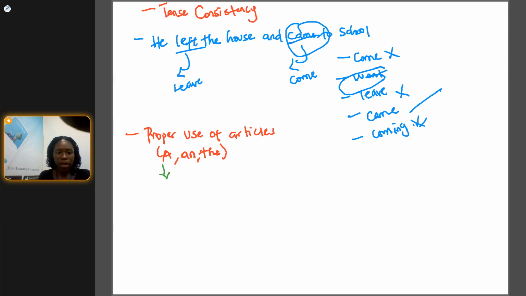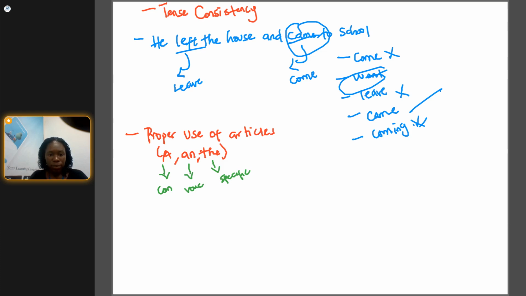So you have a for consonant, you have an for vowel, and then when you talk about the, that's for specific items, specific object, or specific subject. All right, so you need to understand the proper use of these articles.